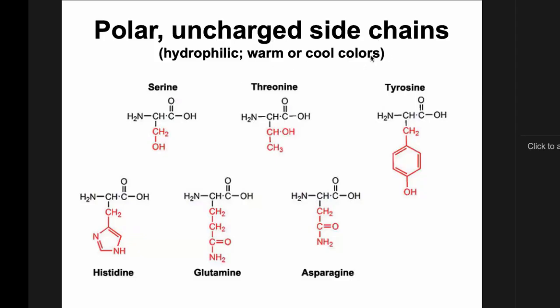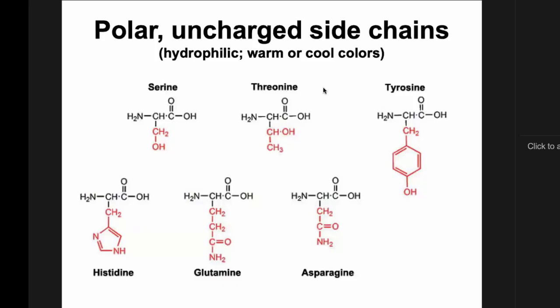And we don't represent them with vivid red or vivid blue, but we still use warm or cool colors. The warm colors are used for the ones that are maybe slightly negative in polarity, because that negative polarity is usually coming from oxygen. So we use warm colors that are similar to red, like oranges and pinks. And then we use cool colors for the ones that have maybe a slight positive polarity.